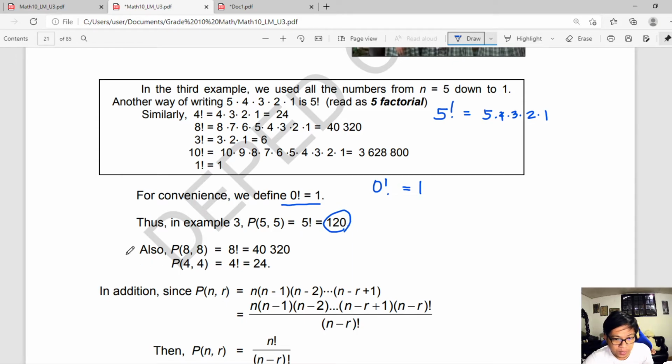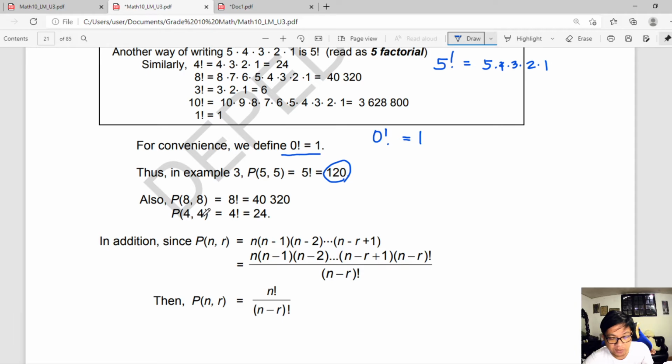And also we have permutation of 8 taken 8 at a time is equal to 8 factorial. So that is 40,320. And we have also permutation of 4 taken 4 at a time is equal to 4 factorial, which is equal to 24.